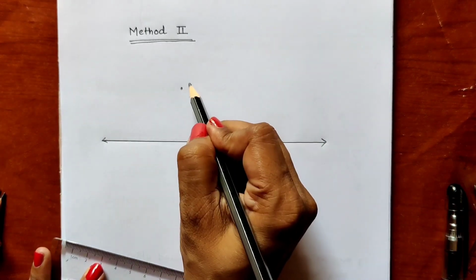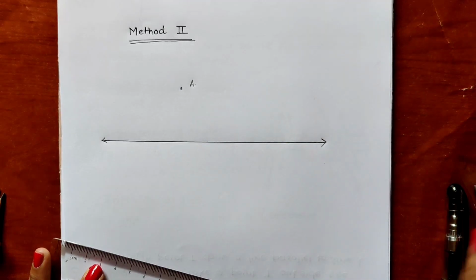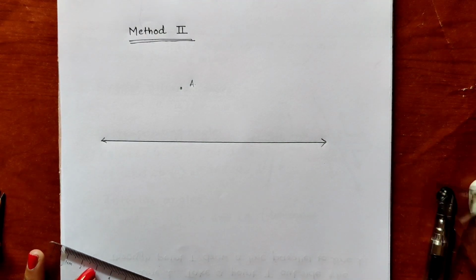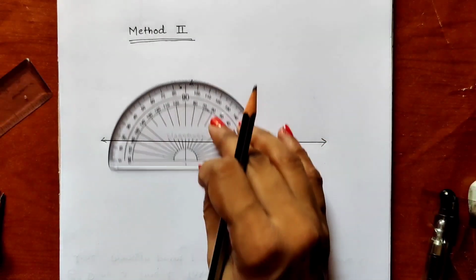Here I can take this point A, and then we will have to draw a perpendicular from this point A.